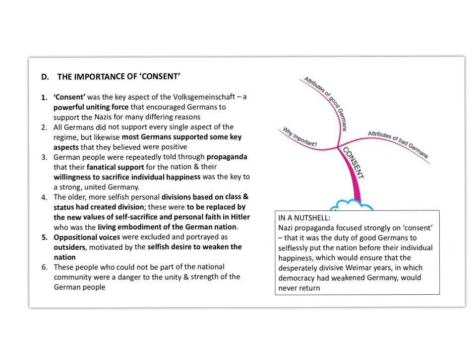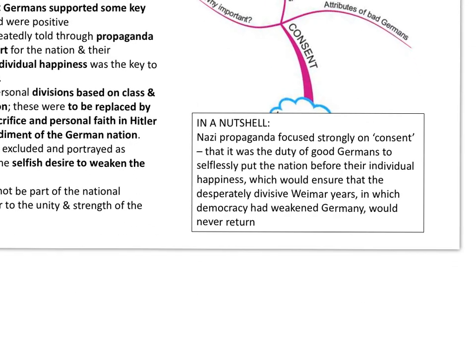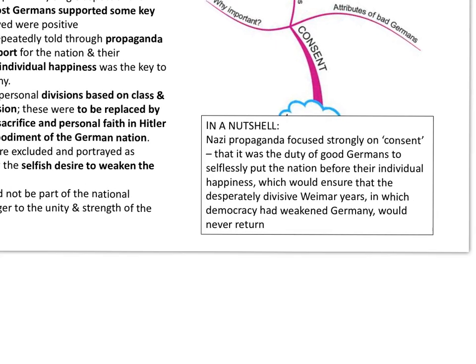And the final strand. So the importance then of this word consent. It's a word you need to be using. So in a nutshell, Nazi propaganda focused strongly on consent. In other words, it was the duty of good Germans to selflessly put the nation before their individual happiness, which would ensure that the desperately divisive Weimar years in which democracy had weakened Germany would never return.